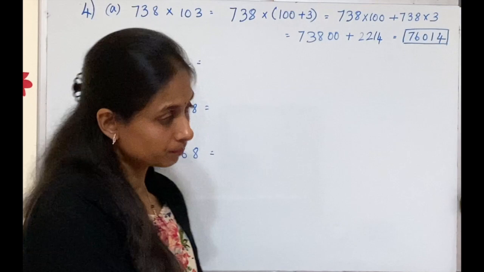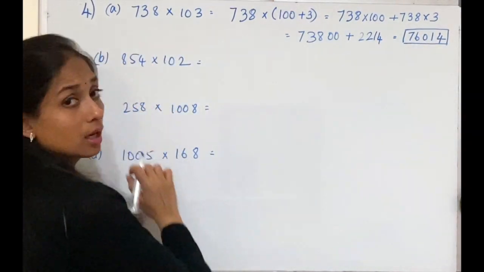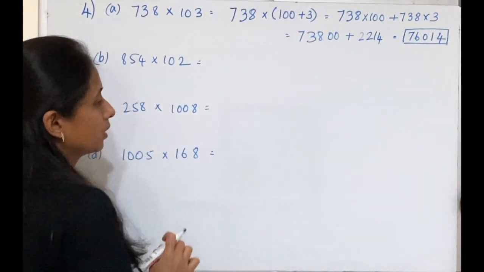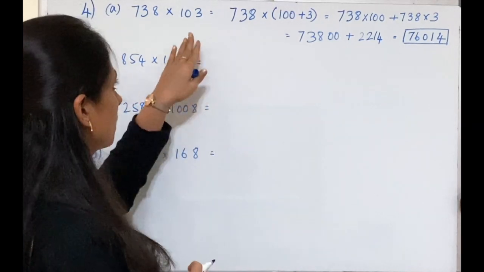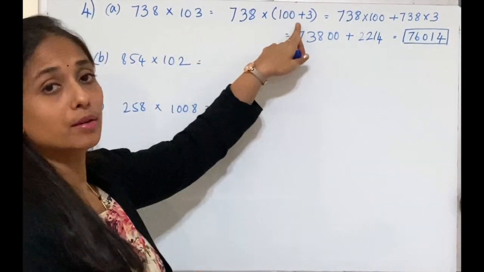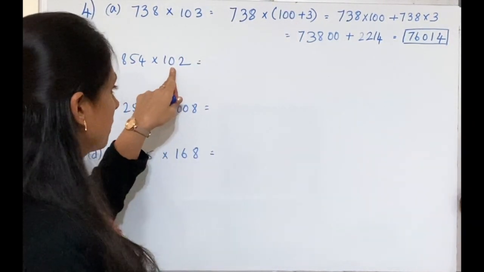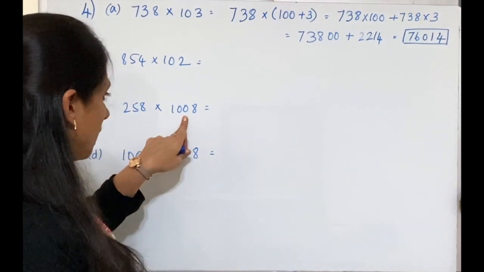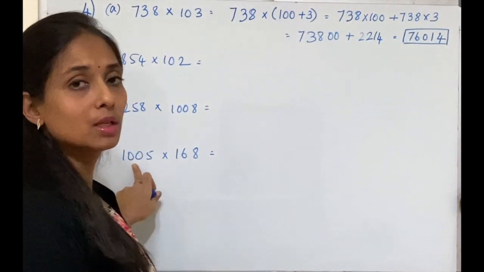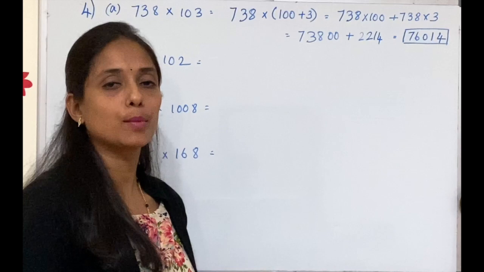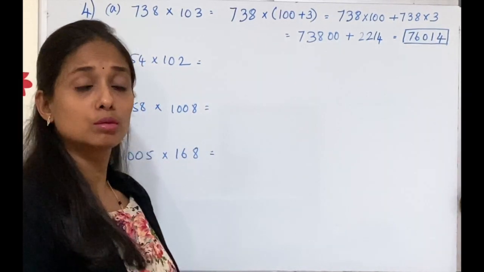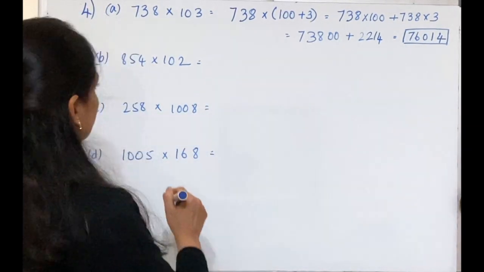Now next one, 854 into 102. Same way. See here 103 I split as 100 plus 3. So I have 102 here. The same distributive property I am going to use to do these problems easily.